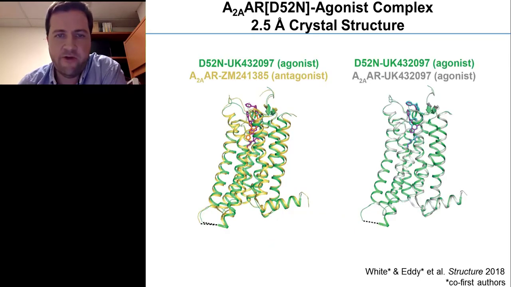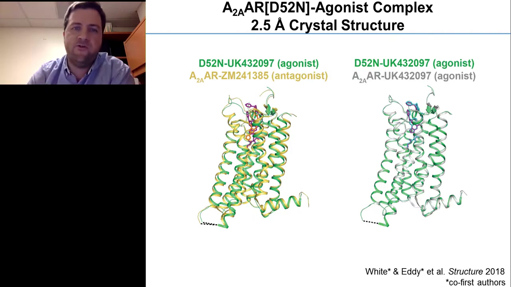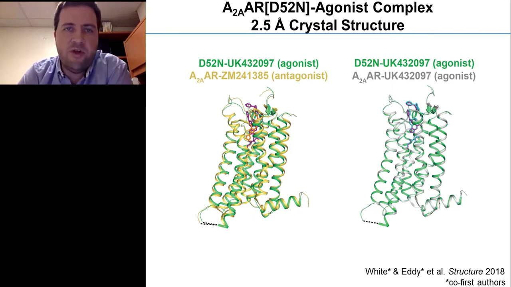Now what's interesting is if we compare this crystal structure with the native protein in complex with the same agonist and with a ligand of different pharmacological efficacy. On the left, we see a superposition of the variant protein D52N in complex with this agonist, UK432,097.